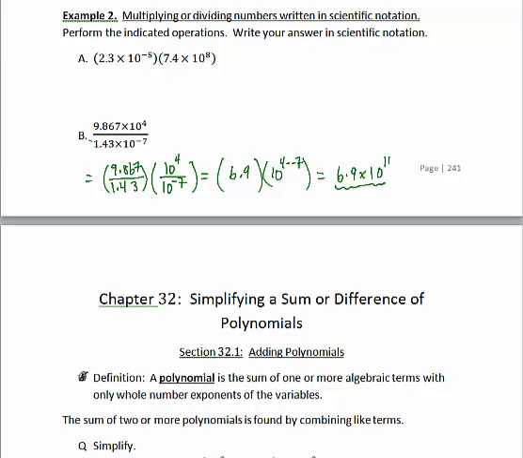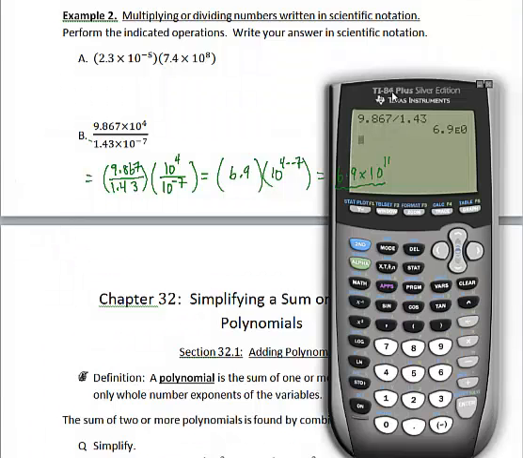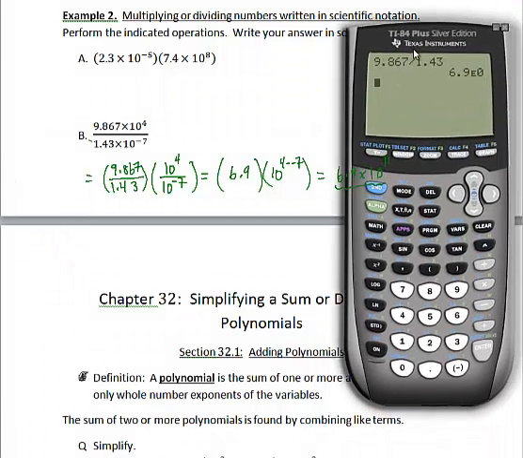Okay, let us go back and double check this with the calculator. We have, and I'll put parentheses around the top and the bottom of the fraction, 9.867 E4 divided by 1.43 E. Just the exponent follows the E, and so we have a negative 7 on the bottom.